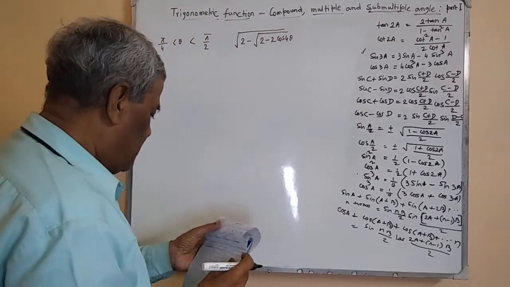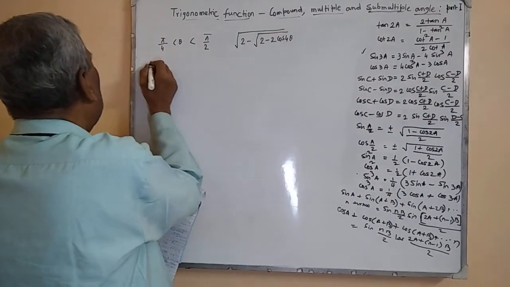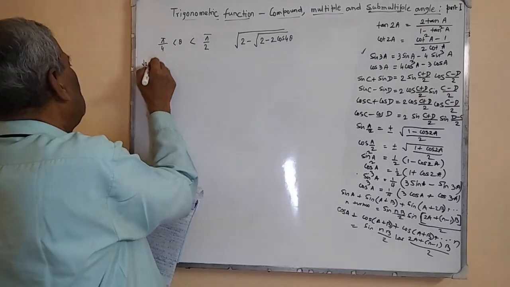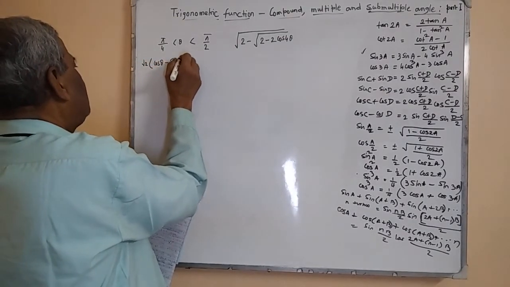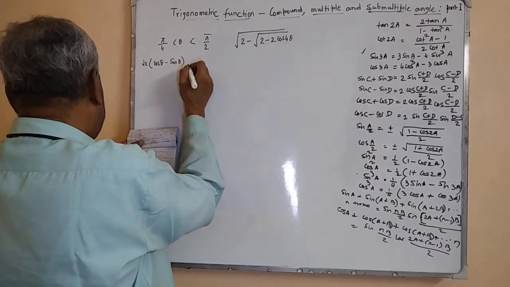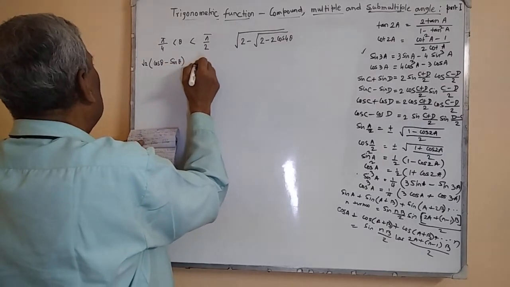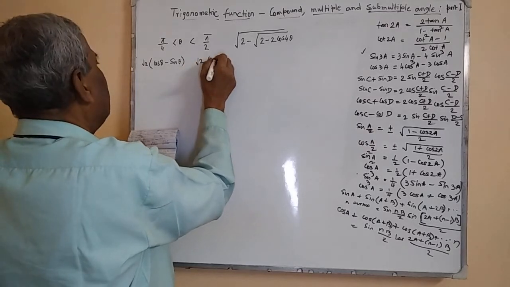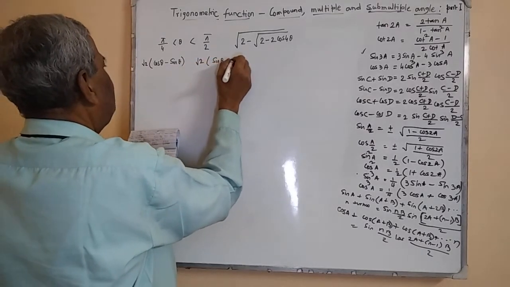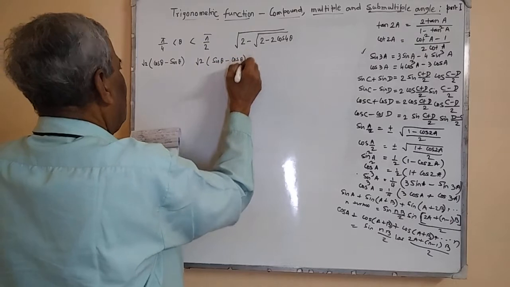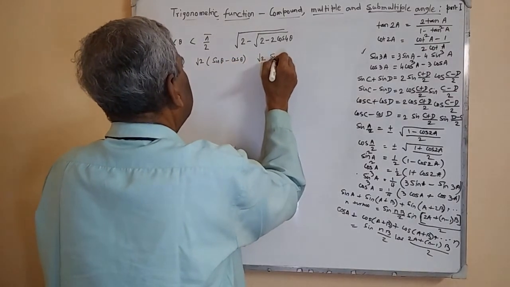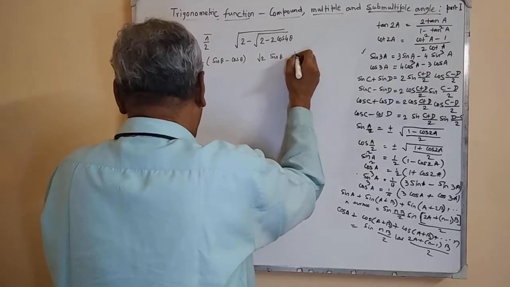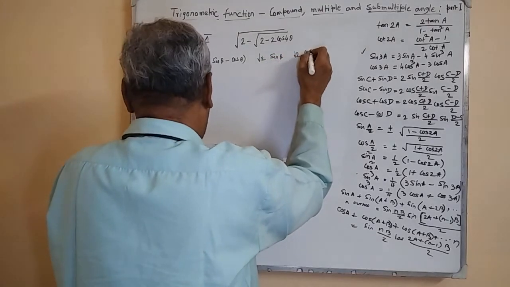The options are there. Number 1, root 2 cos theta minus sin theta. Number 2, root 2 sin theta minus cos theta. Number 3, root 2 sin theta and root 2 cos theta.